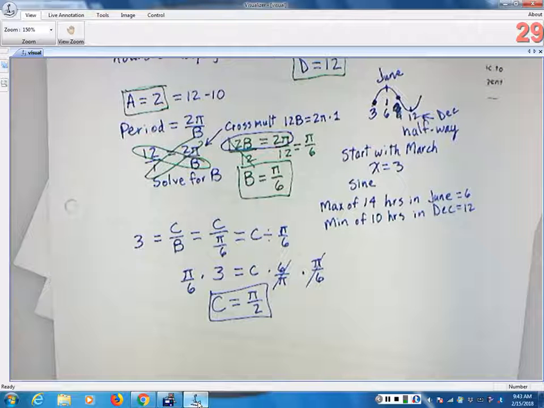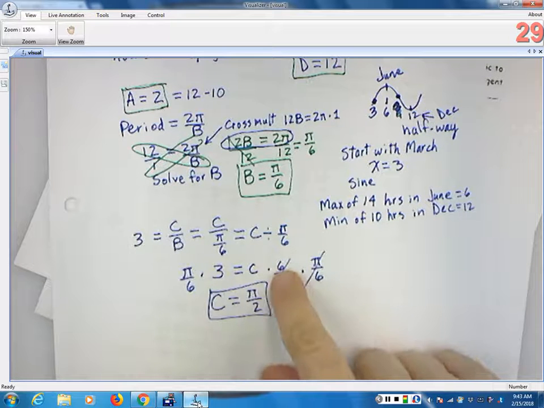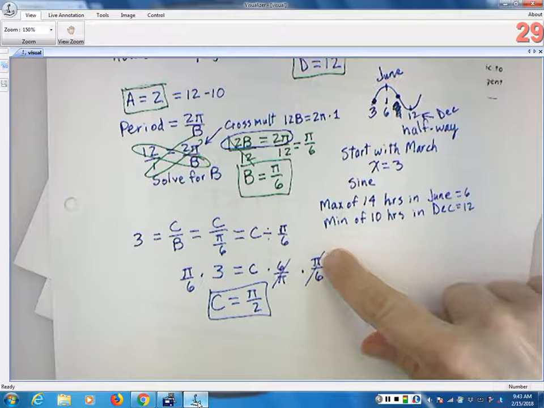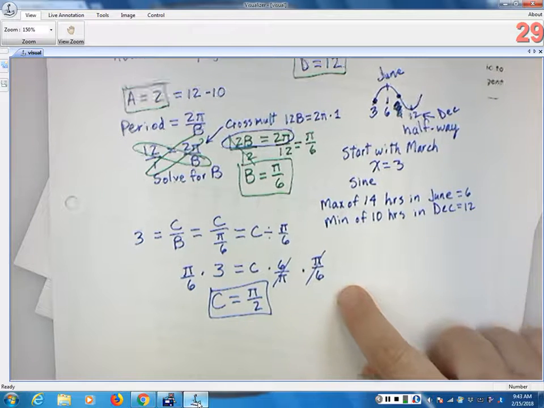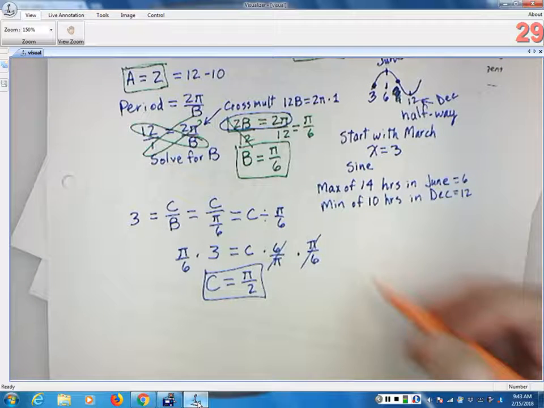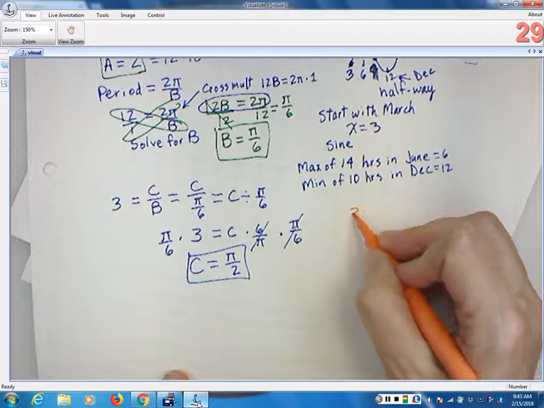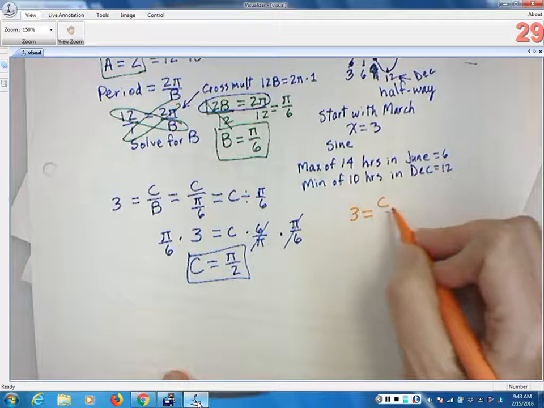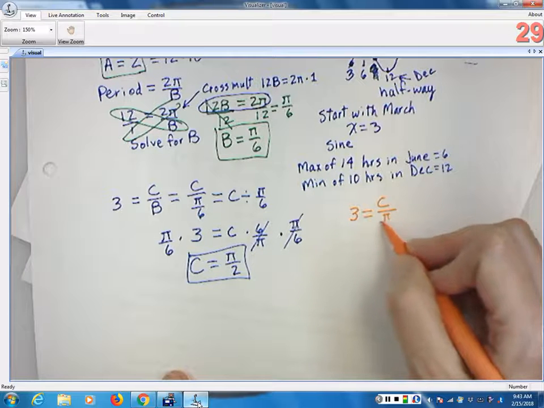I thought when you do that, you have to flip it, so it would be C times 6 over pi, right? Yeah, but I did flip it, but then I had to get C by itself, so I had to multiply by the reciprocal. Maybe I could have just started here with 3 equals C divided by pi over 6.